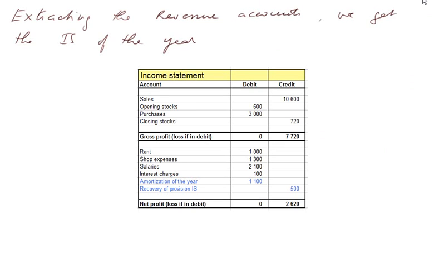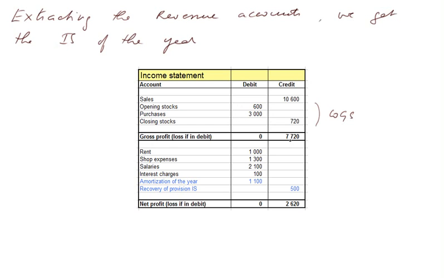Then we extract all the revenue accounts from this trial balance, and this is the income statement of the year. Sales of 10,600, opening stocks that we saw 600, closing stocks 720, and the purchases of this cycle 3,000. This enables us to compute a COGS.